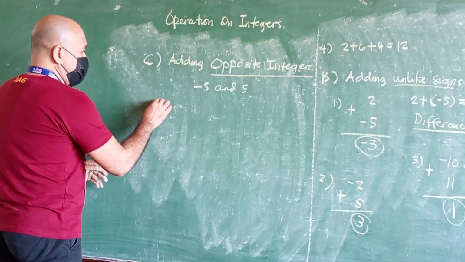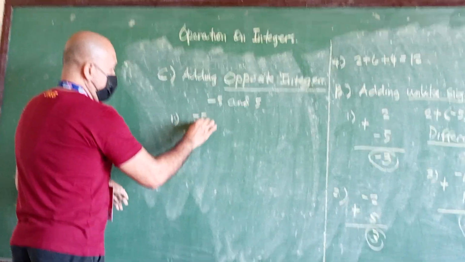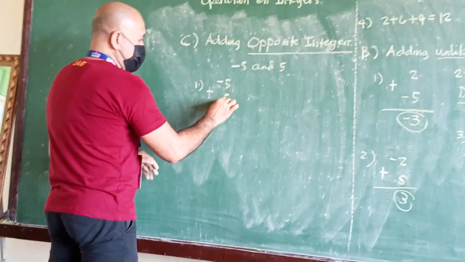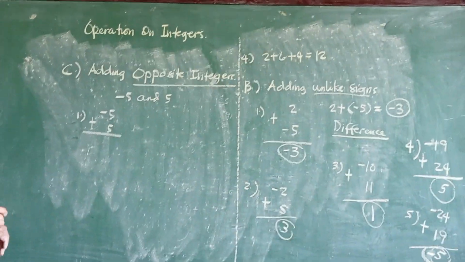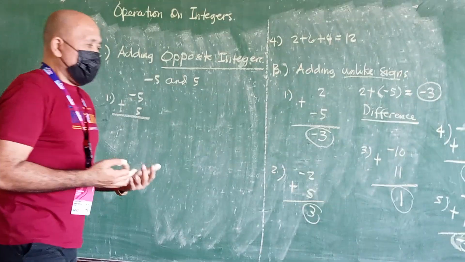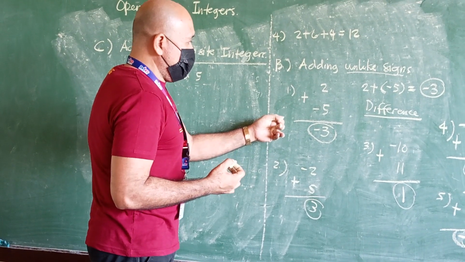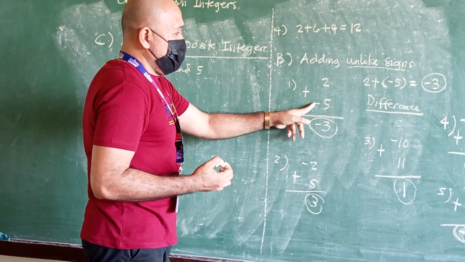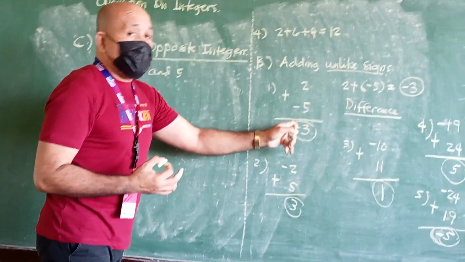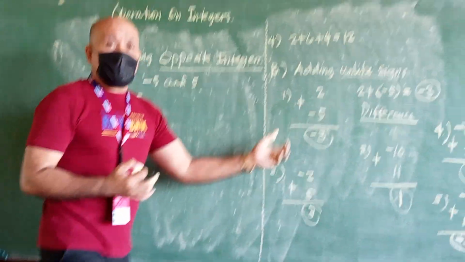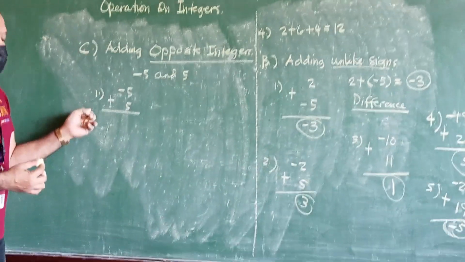So how are you going to add that one? For example, negative 5 plus positive 5. With the idea of unlike signs, if their signs are not the same, you are going to get their difference. The same is applied here.